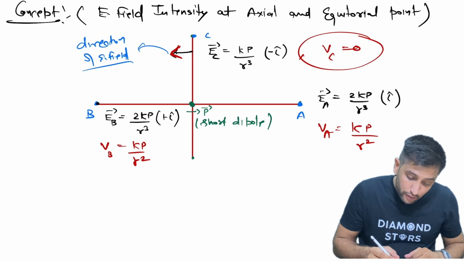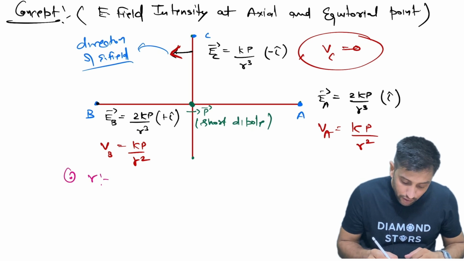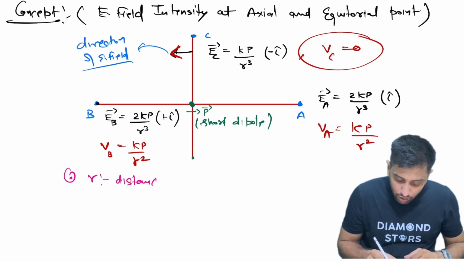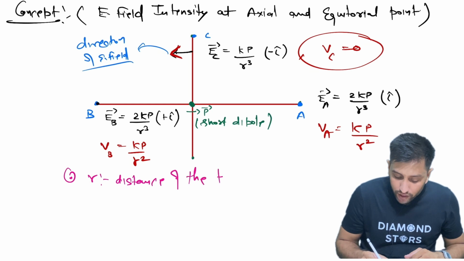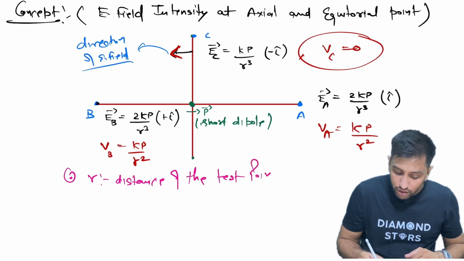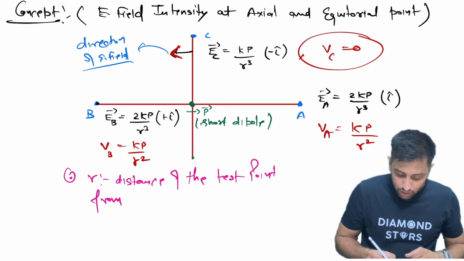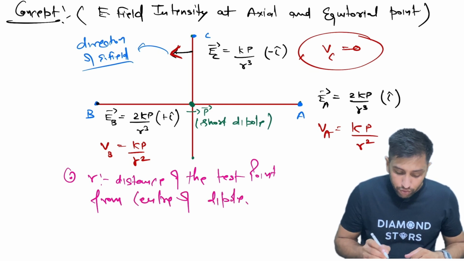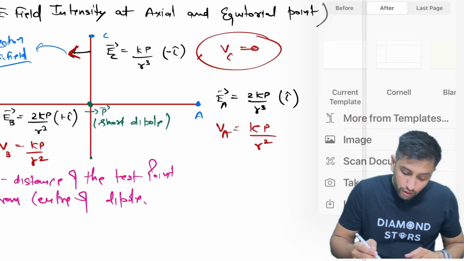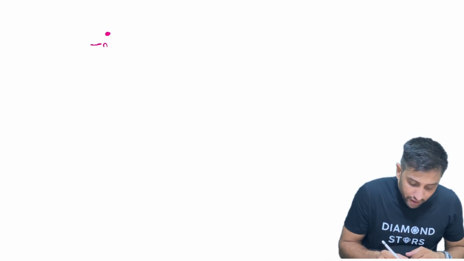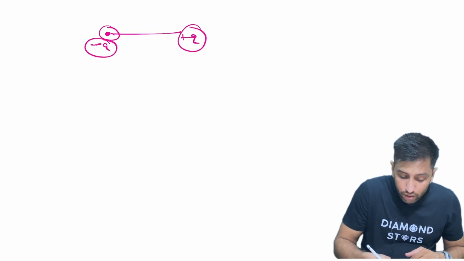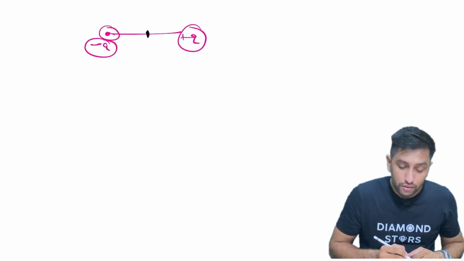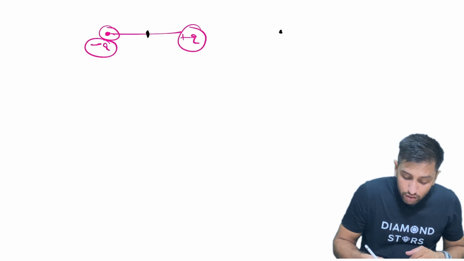This r is the distance of the test point from the center of the dipole. For example, suppose you are taking minus q and plus q here, and this is the center of the dipole.